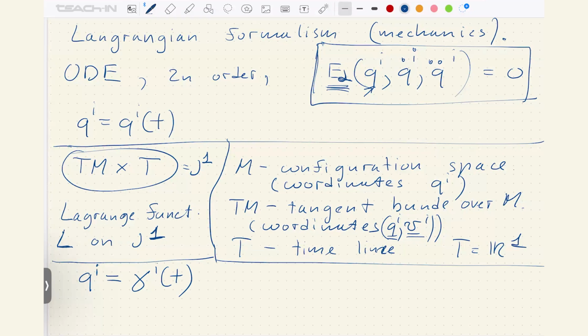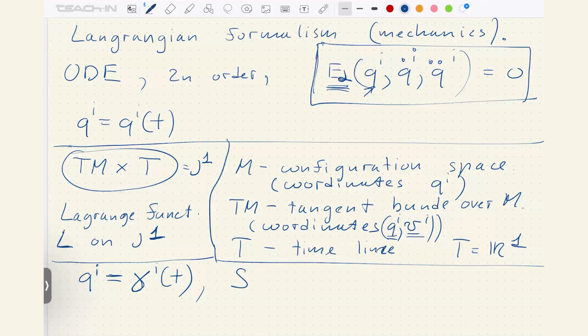Then, given such a function on J^1, we can actually build a functional.